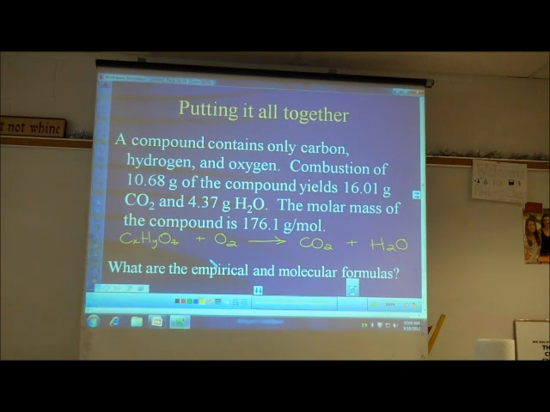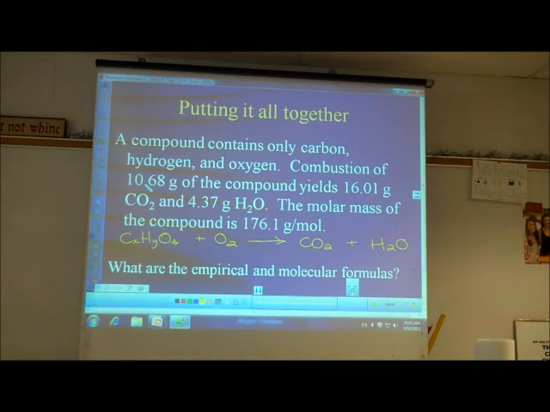We need moles of carbon, moles of hydrogen, and moles of oxygen to solve this problem. Okay, fine. I want you to read this second sentence and tell me, how am I going to find moles of just carbon? Where am I going to get that from?